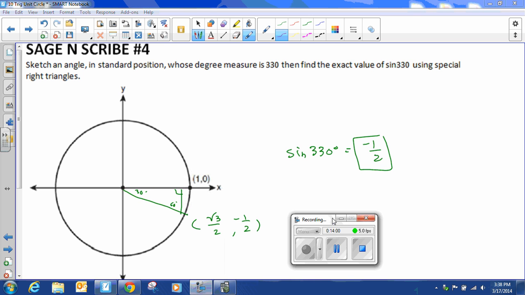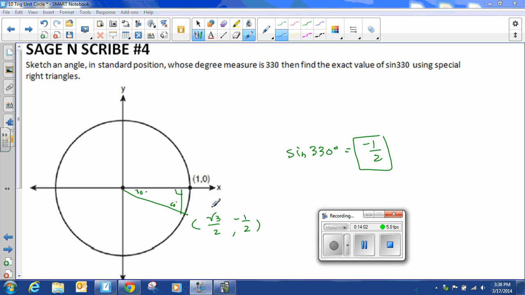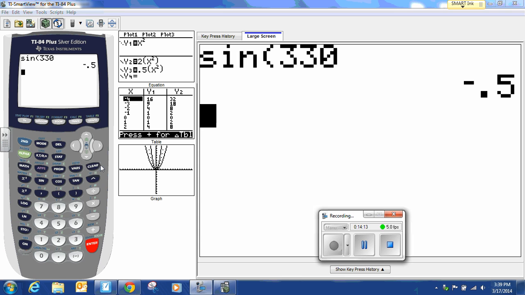So once again, we're using our coordinates and our special right triangle to find that sine of 330 degrees is simply the y value, which is -1/2. Let's do our calculator check. And as you can see, sine of 330 degrees is -0.5, which is -1/2.